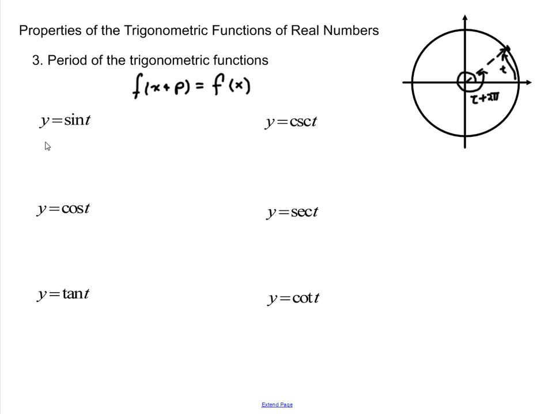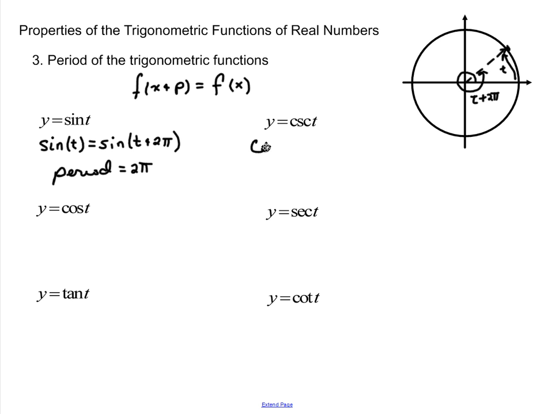So our function sine is the kind of function that says, if you take the sine of the angle t, it's the same as the sine of the angle t plus 2 pi. And so we're going to say that for our sine function, the period of the function is 2 pi. That's how long it takes for this function to repeat itself.